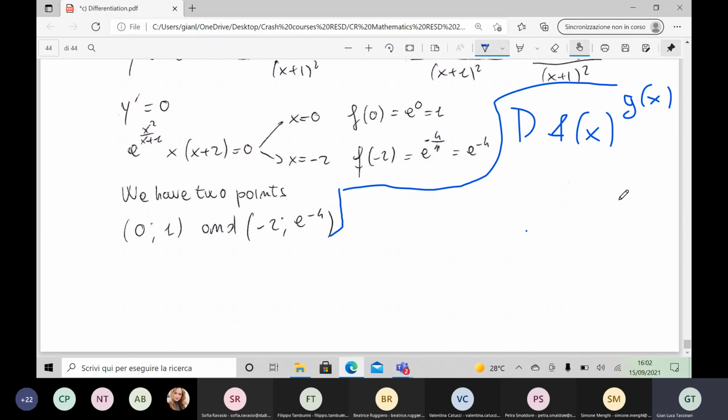So I go below. Derivative of, the trick is the following. This can be written as the derivative of e to the power ln. If you don't hate me, can I write simply f to the power g? I can simplify the notation, but this means f of x and this means g of x.